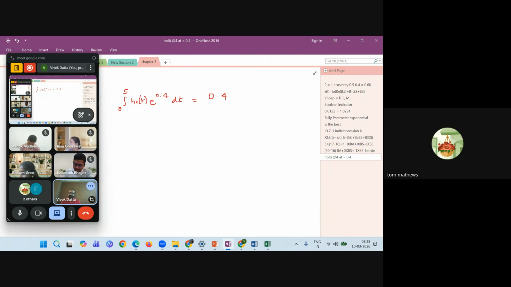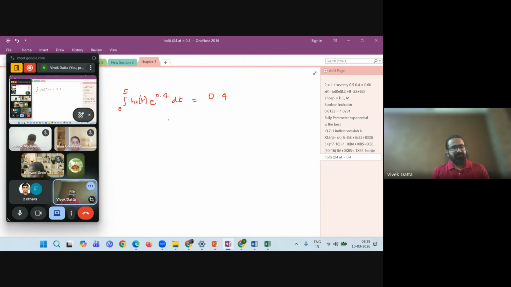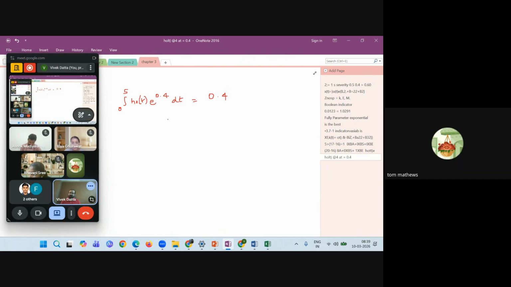Because this is for whole life male internet, it is h(t) equal to h0(t) into e raised to minus 0.2. It is equal to 0.6. Okay. So, what we have to take is two equations.